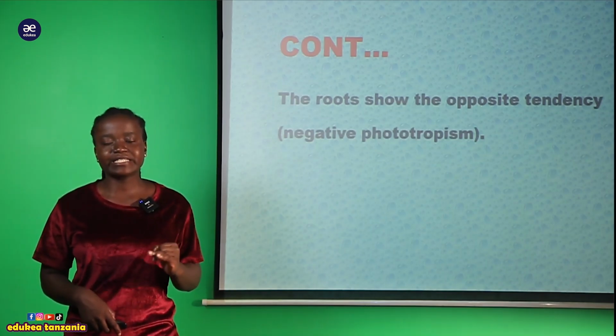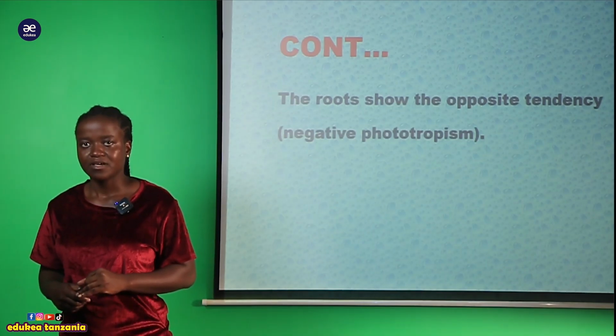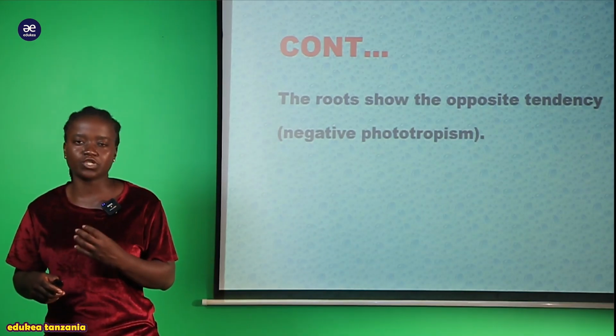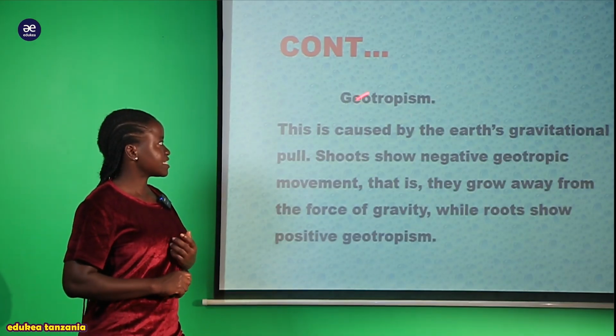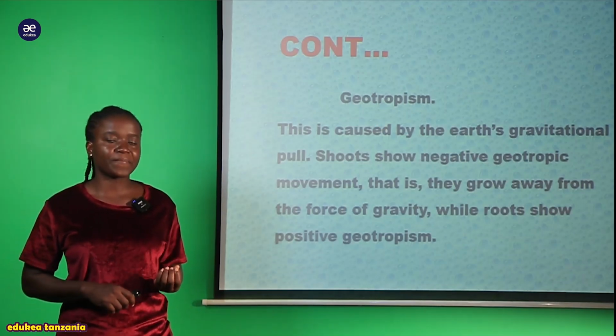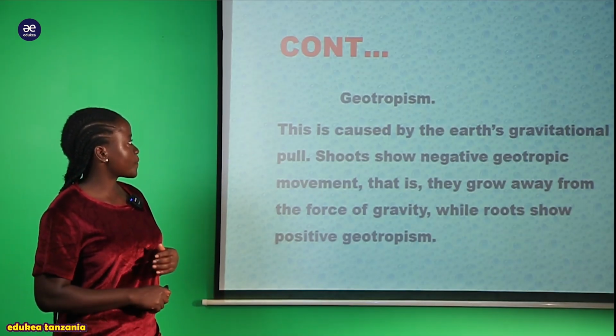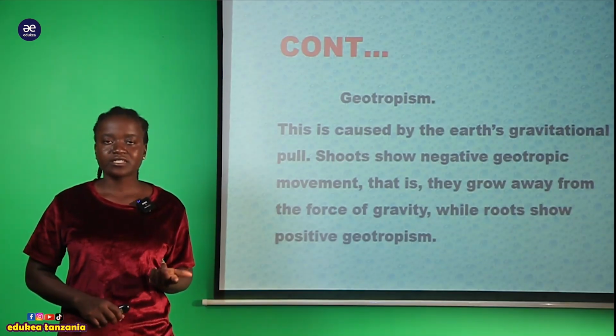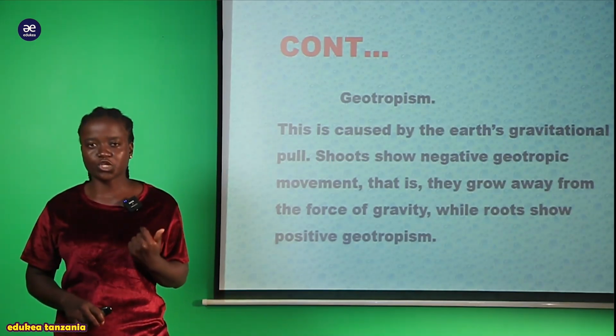The second one is geotropism. So now we have to go and see what this geotropism is. That is the second kind of tropism. This tropism is caused by the Earth's gravitational pull.